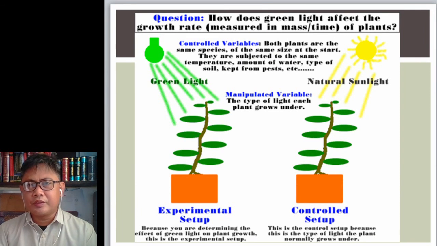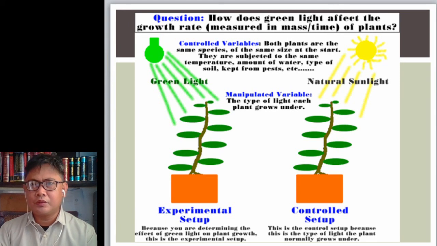This is another example. Suppose you have a study regarding how green light affects the growth rate, measured in mass per time, of plants. The control variables include that both plants are the same species and of the same size at the start.